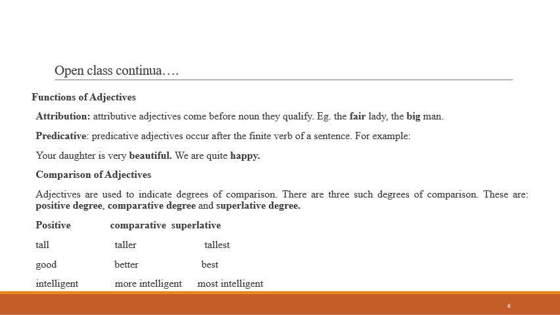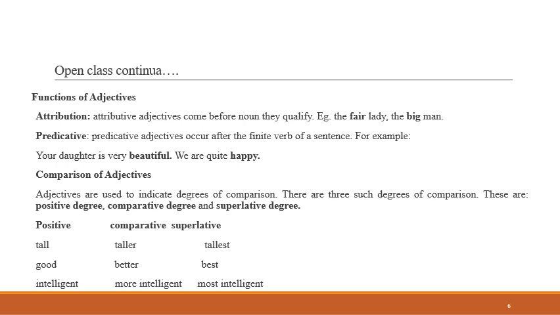Adjectives that come before the noun they qualify or modify are said to be performing an attributive function. For instance, take a look at the two phrases there. The fair lady, the big man. The word fair is highlighted, and the word big is highlighted. They come before the nouns they modify. That's fair before lady, big before man.